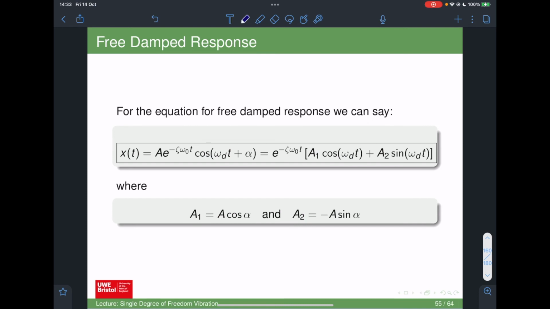I did mention, like I said, this is the way to go from this format to this format. To go from this way to this way, there are some other equations that I didn't show you.